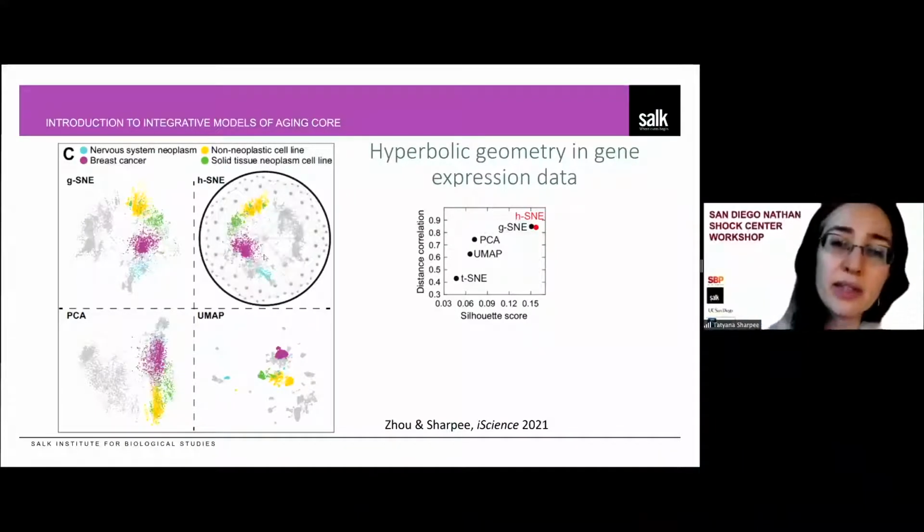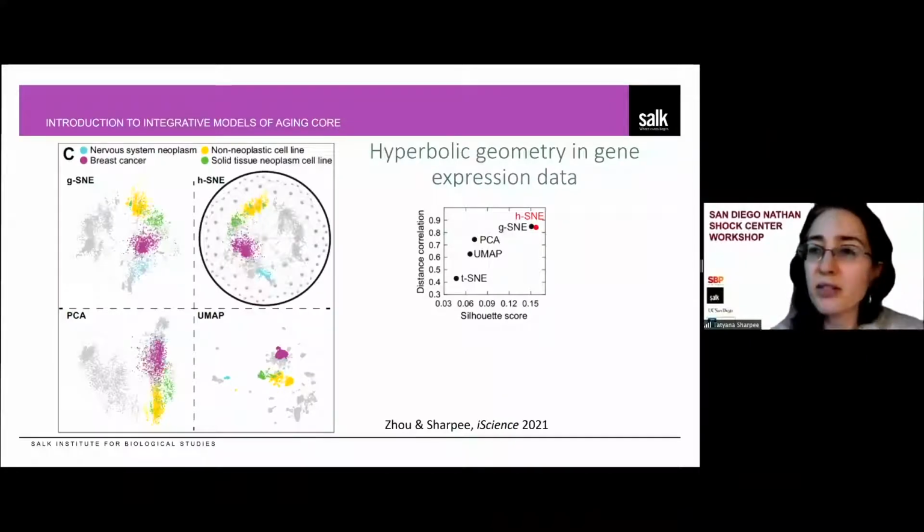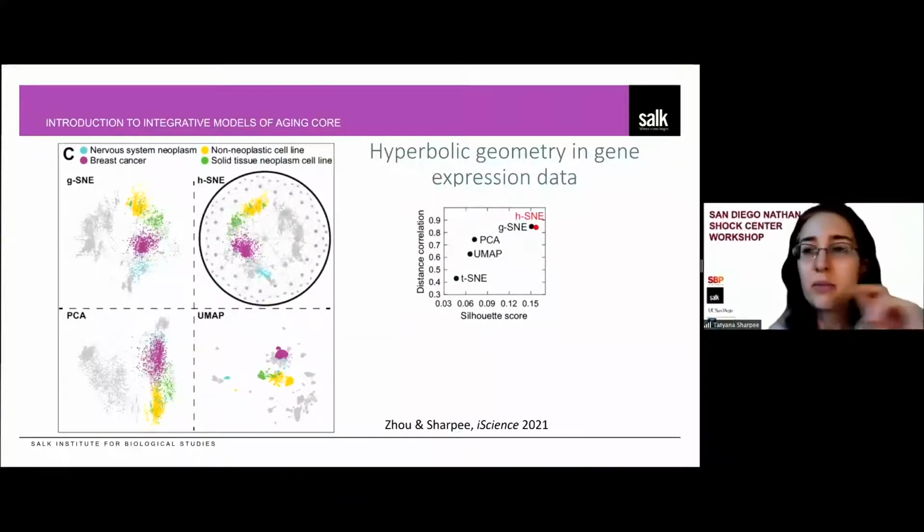So one can use this method as a diagnostic for identifying subsets and characterizing heterogeneity in the data set. So these are all methods that are available as part of the core, and I'm happy to work with you on the development of methods that are suitable for a specific data set.